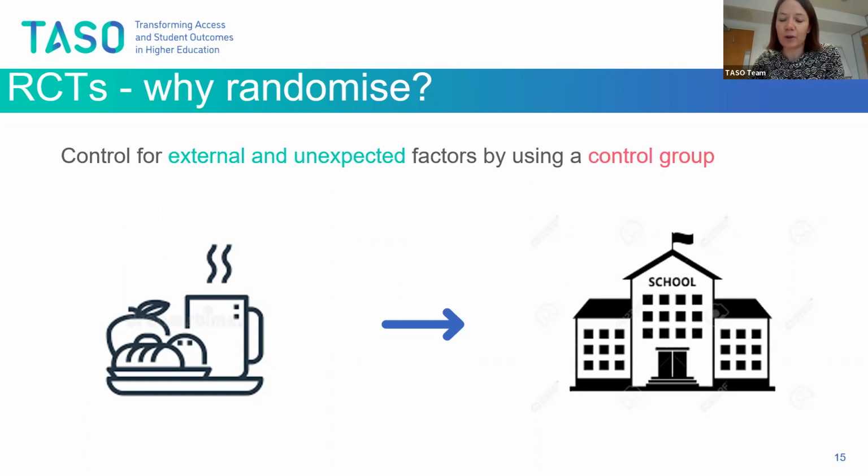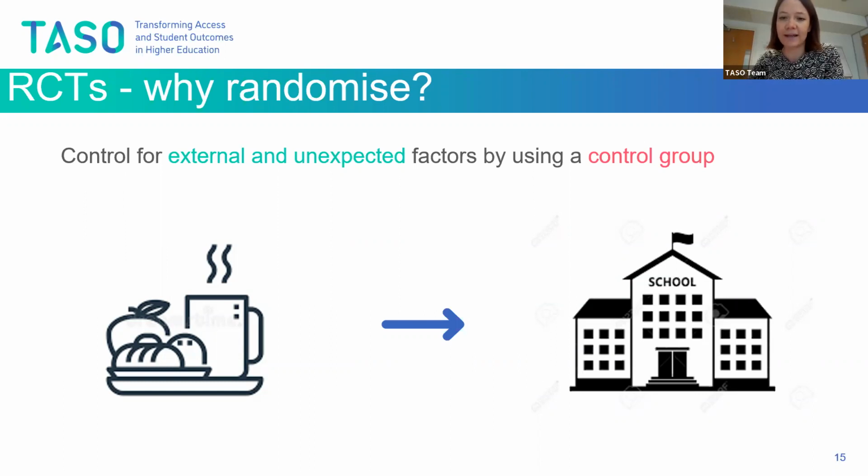Now, if you imagine for a moment that we hadn't randomized, so maybe we had let parents and school-aged children self-select and join the trial if they wanted to, it's very possible that we end up in a scenario where those who opted into the trial are already quite health conscious, maybe already seek out information about healthy eating. They might actually be involved in that national campaign because they've already got an interest in healthy eating. And so this is likely to bias the group that end up in the treatment.